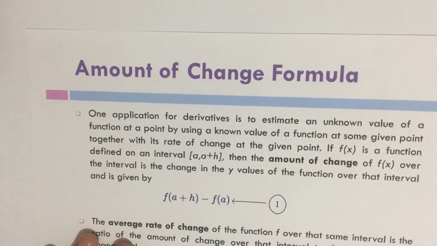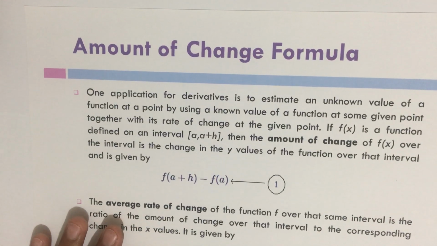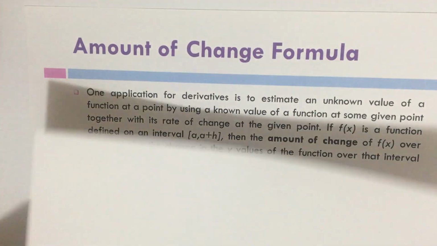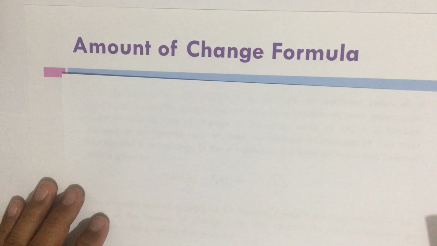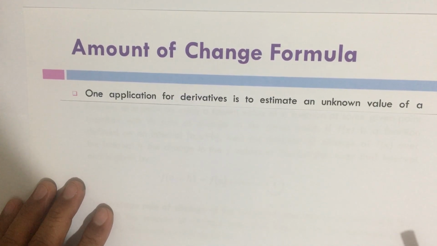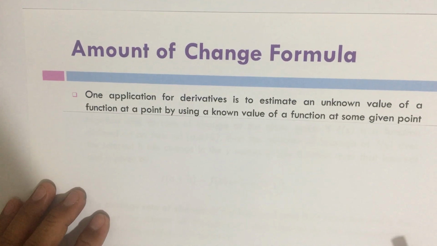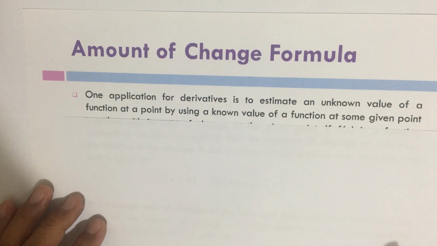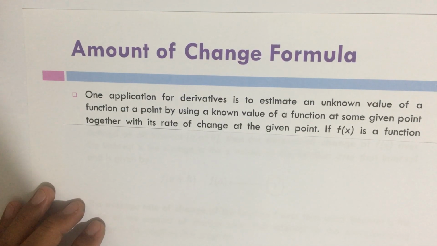Now before we go to the example, let's take this concept first. Next we have what we call the amount of change formula. One application of derivatives is to estimate an unknown value of a function at a point by using a known value of the function at some given point, together with its rate of change at the given point.